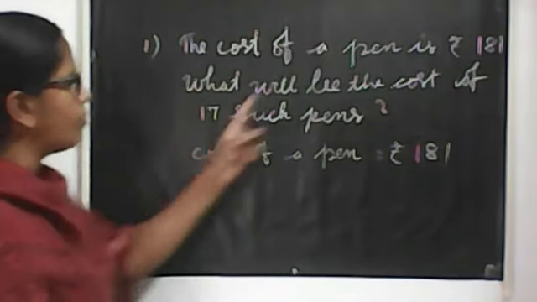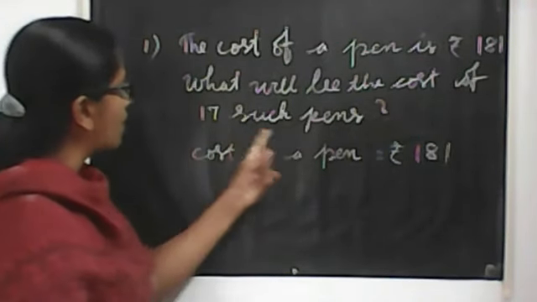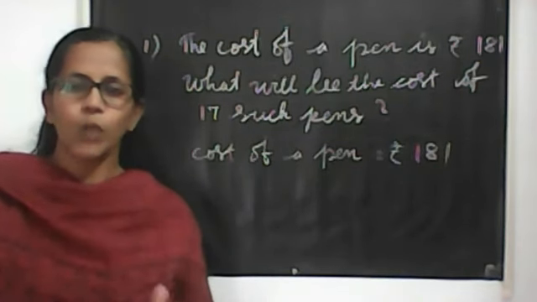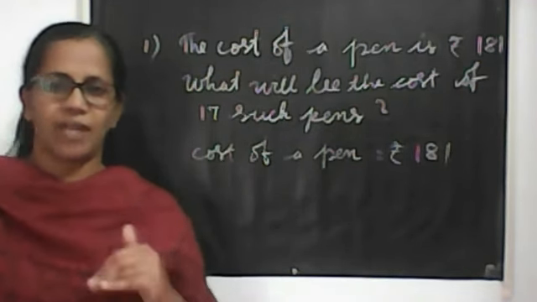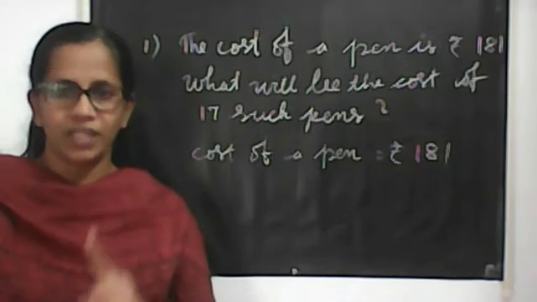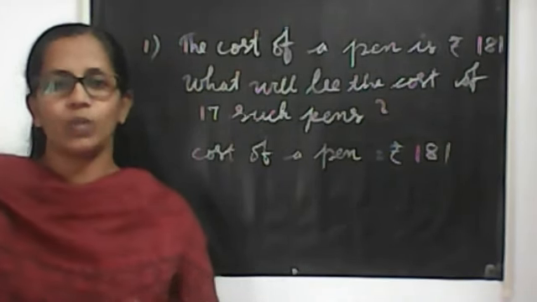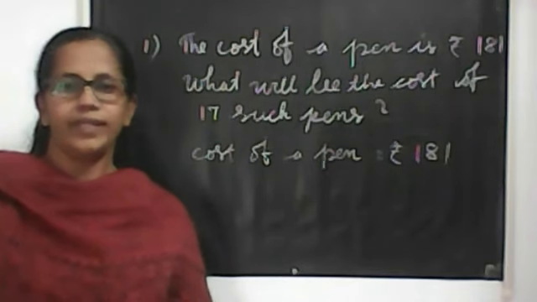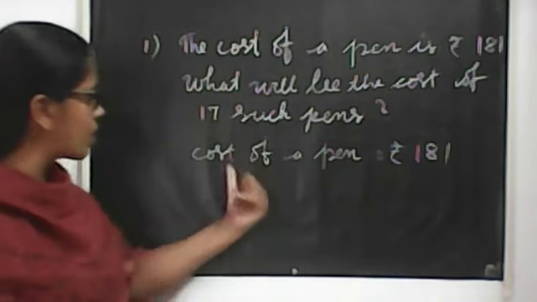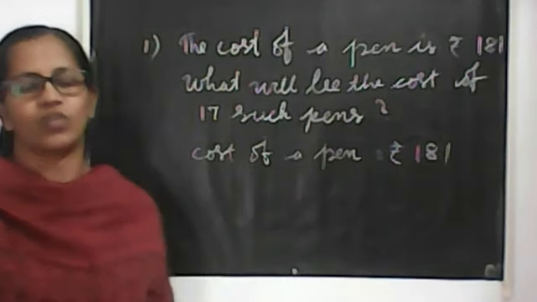Then, what will be the cost of 17 such pens? We want to find out the cost of 17 pens. If the cost of one pen is 181, what will be the cost of 17 such pens? That's the question given. So the first statement we got is that the cost of a pen is this much.